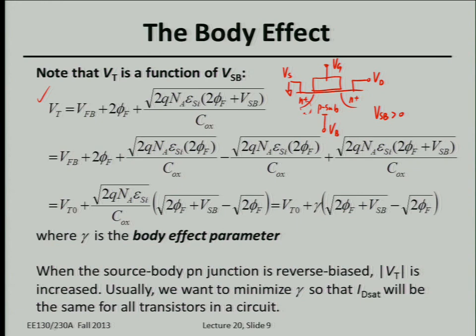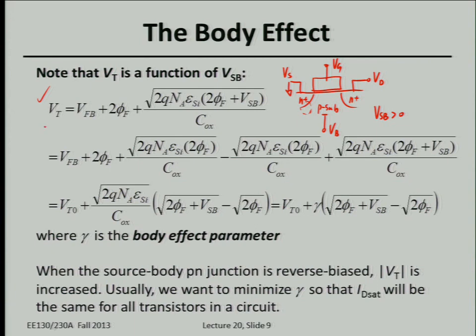You can never fully turn the MOSFET off. So in most cases we only allow the substrate bias condition this way, and we don't allow biasing the substrate the other way.